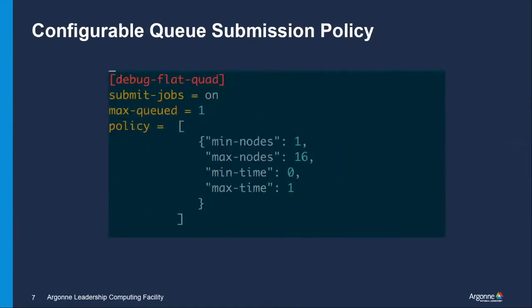And then when you're using the service, the queue policy file looks a little bit like this. So this is where you can control which queues you're submitting to, the maximum number of jobs to have in a queue at a given time, and constraints on the windows of job sizes. So you can specify node ranges and ranges of time that Balsam will try to pack your tasks into.